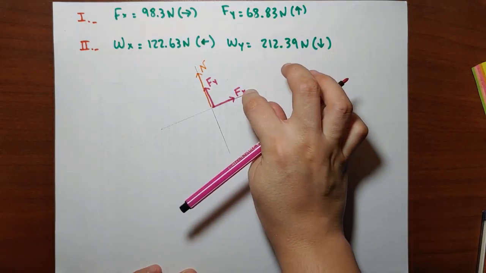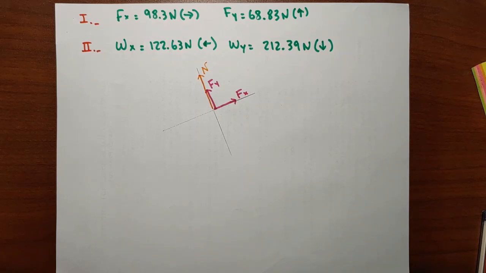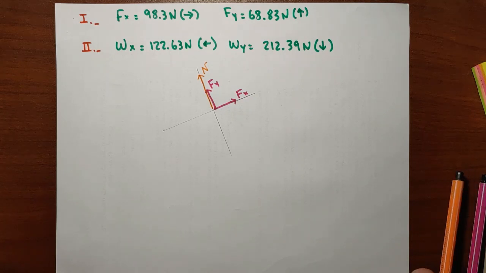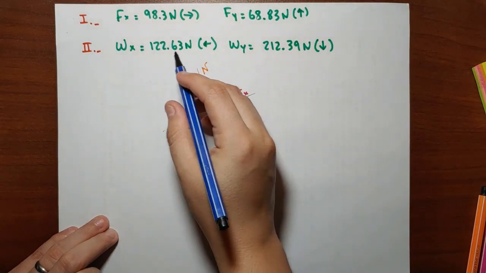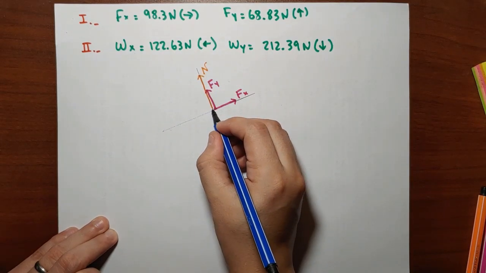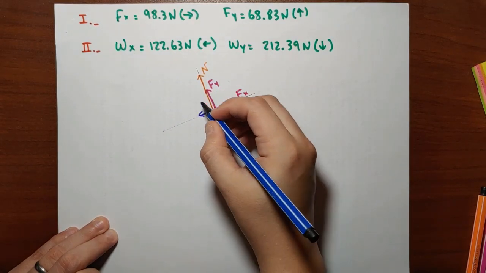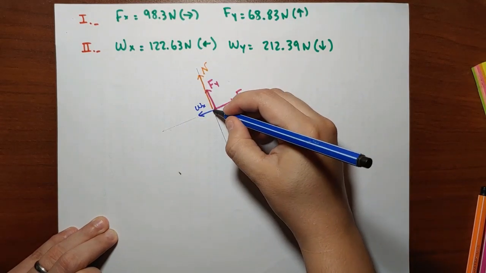Fx is 98 and Fy is 68. Now, I also have my weight in x and my weight in y. That's what I'm going to include right now. Now, my Wx comes to the left. And my Wy comes downward.